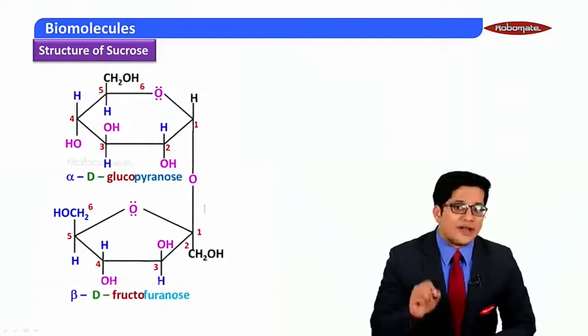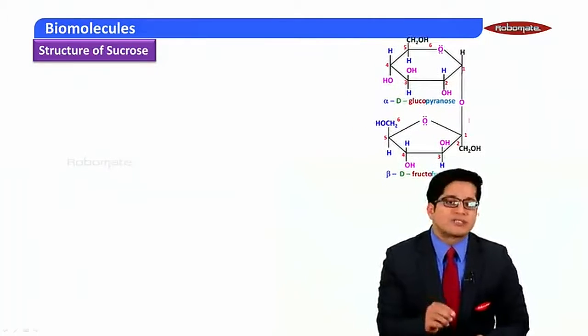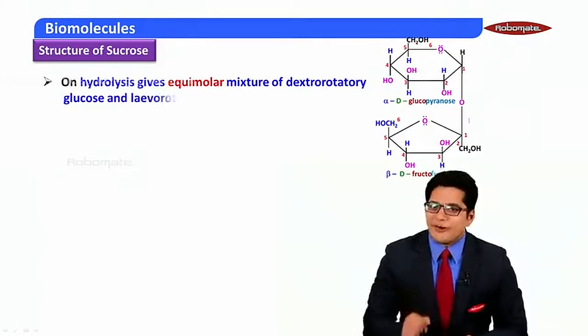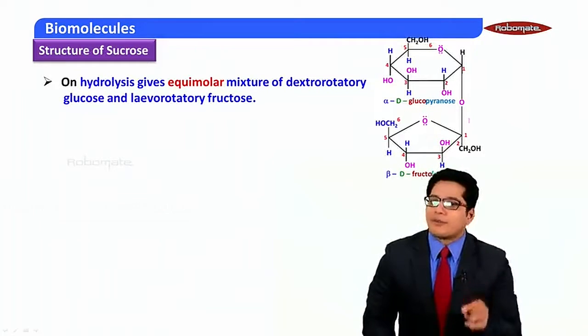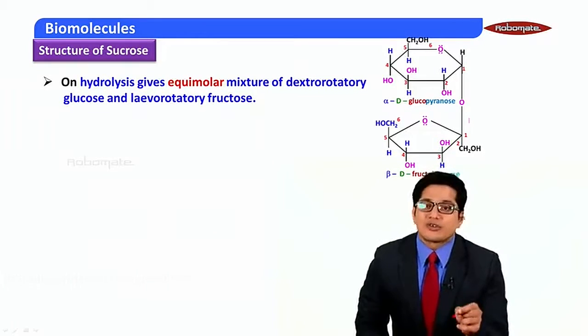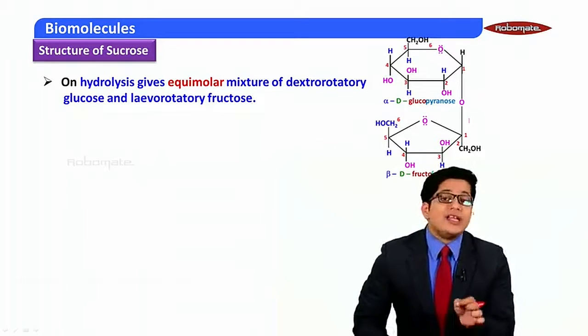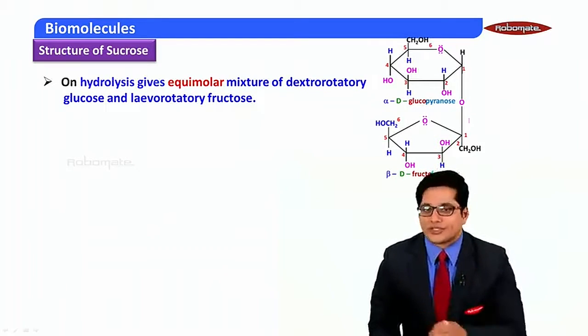Let's move further and now discuss some crucial points with respect to sucrose. First, sucrose on hydrolysis gives equimolar proportions of dextrorotatory glucose and levorotatory fructose.